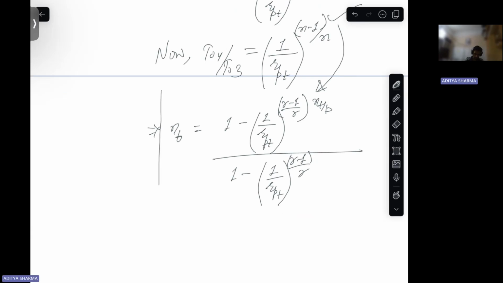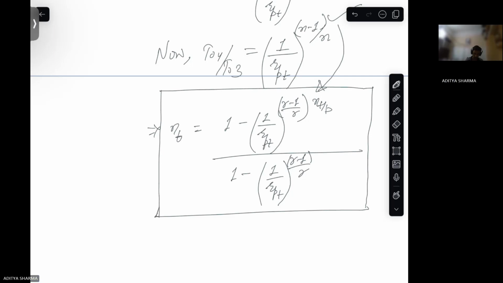This basically is the relation between the isentropic and polytropic efficiencies.